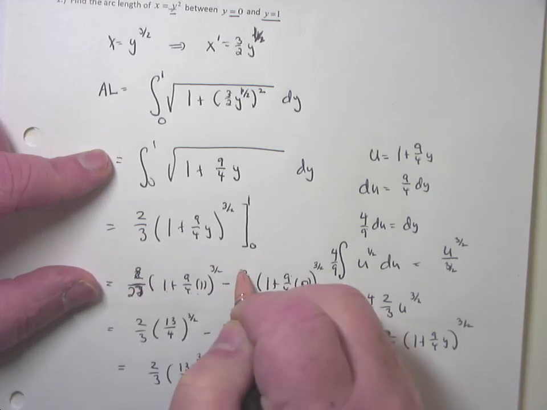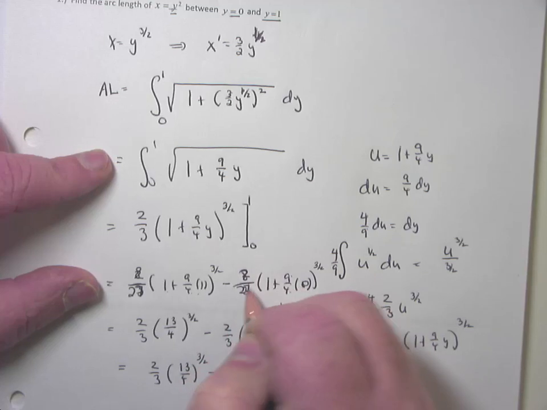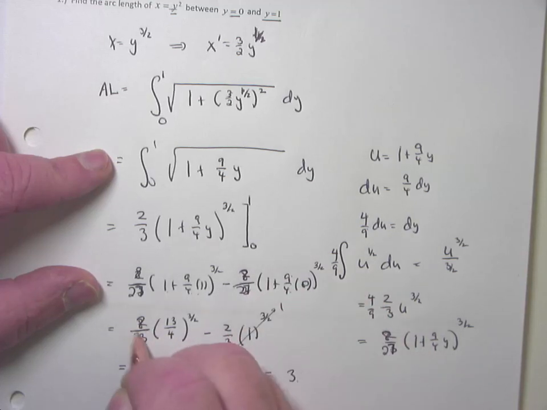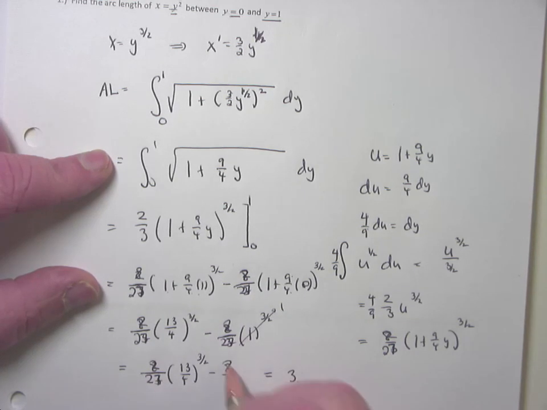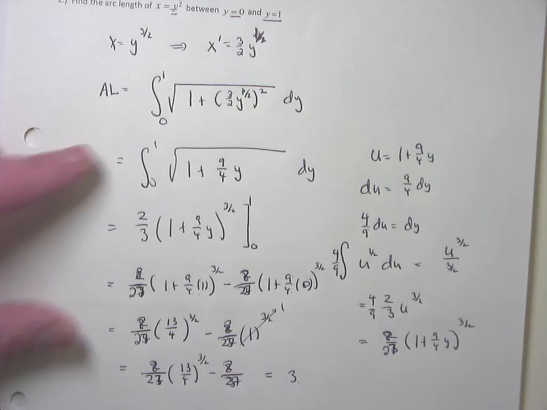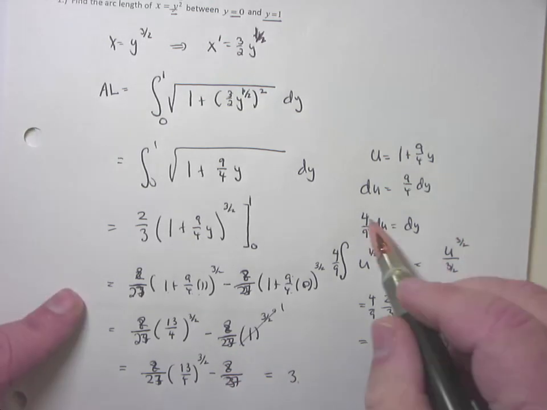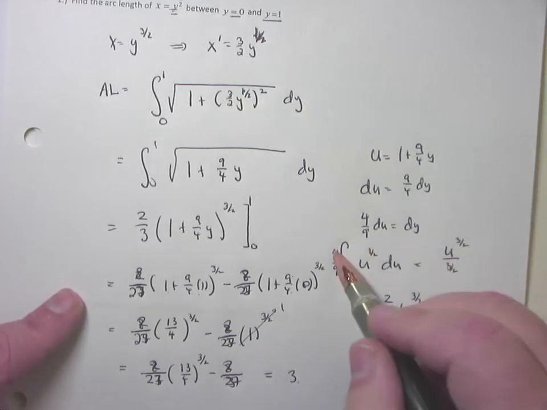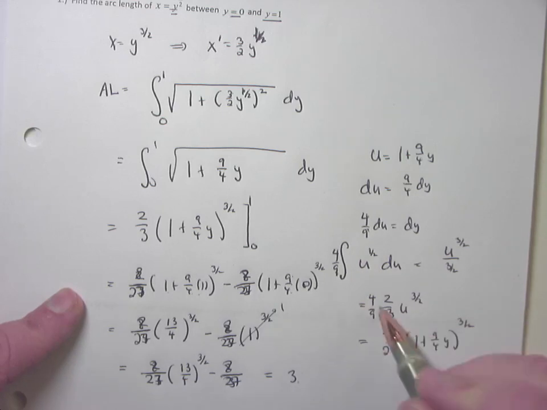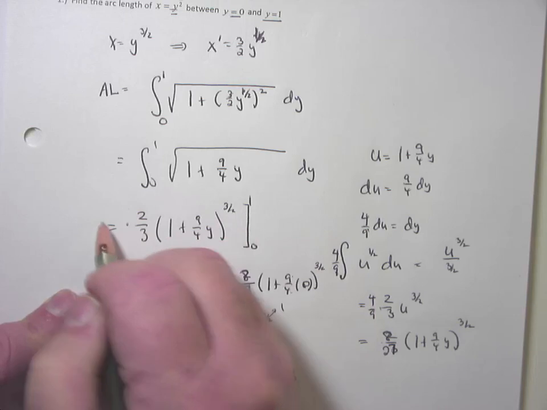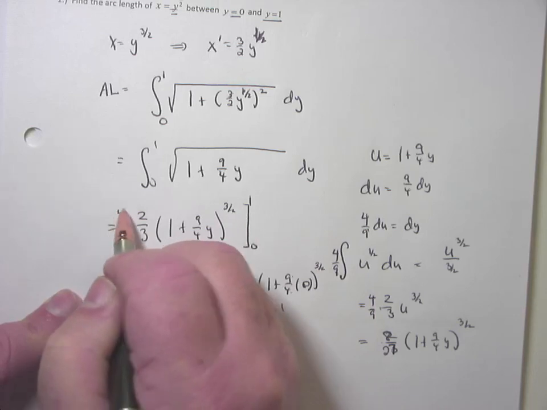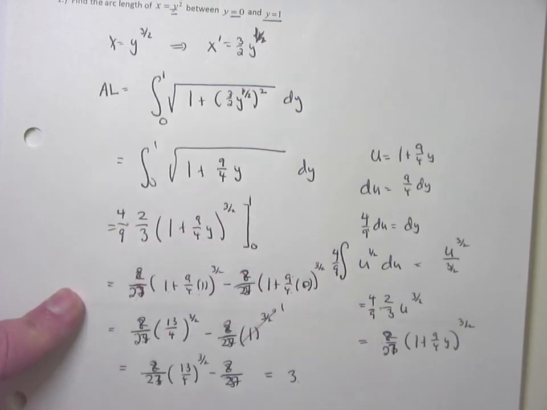I'll plug in 8/27 because I left off my constant. So let's try this again. I left off from my du, my 4/9 du, my constant out front. So I had to go back and put my constant out front over here. So that'll be times 4/9. That's where the 8/27 is coming from.